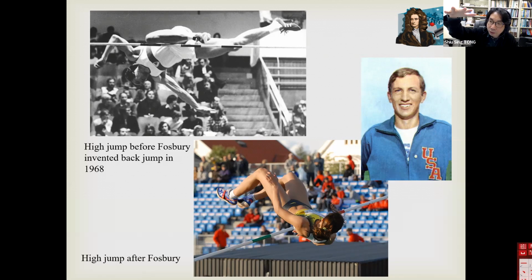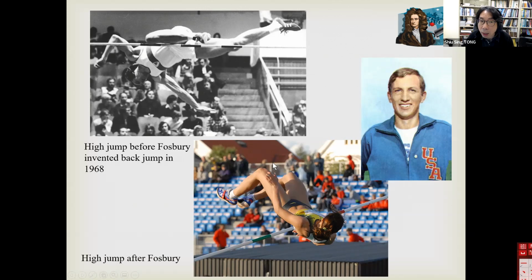So they just lopped over the pole with the whole body facing the ground. But Fosbury did it the opposite way. He did it with his back facing the ground. But when he did it like this, he found that it would be much easier for him to jump to a great height. And so he broke the world record several times. And after Fosbury, almost every athlete after 1968 jumps with the back passing over the rope. Okay, so that was invented by Fosbury in 1968.